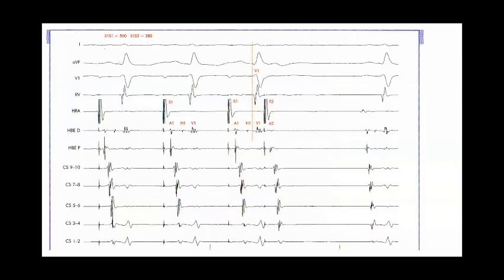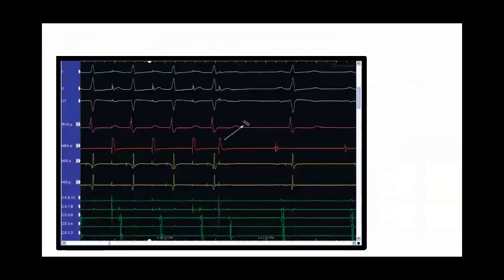In this situation, I can use straight pacing. Straight pacing will show the exact same pattern with possible AH jump, possible induction of tachycardia, and possible reaching of the refractory period. And sometimes the patient will need either isoprenaline or something like atropine to activate the AV node and make this pattern more apparent.